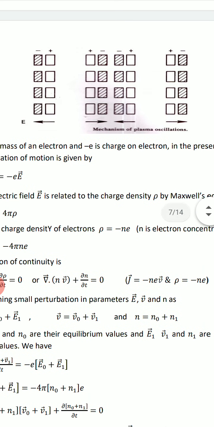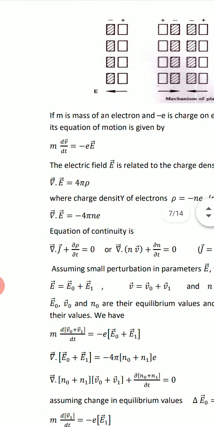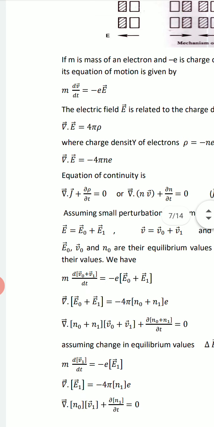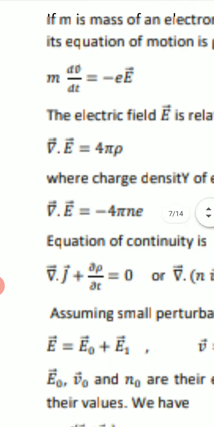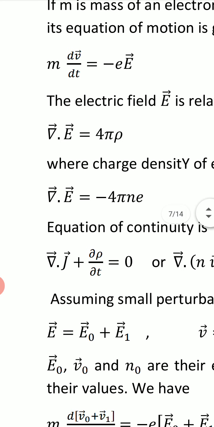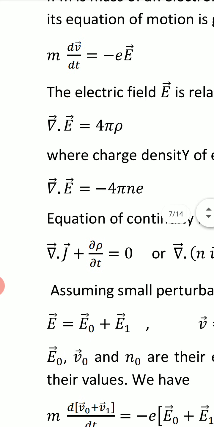We want to find the expression for electron plasma frequency. For this, first we write the equation of motion. This is the equation of motion for electron. If electron experiences electric field E, force on it will be given by m dv/dt equal to minus eE.